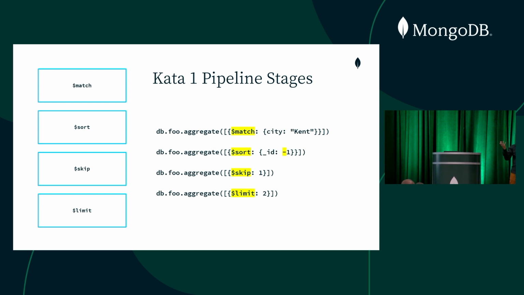So it's kind of query by example. It says, I want documents that have a field city with a value of Kent. If I have a document with no field named city, it will not be returned. If I have a value of city that says New York, it will not be returned. So it doesn't care if the field doesn't exist or if the field exists but with a different value. It must match in order to pass. Match, $match, it must match.